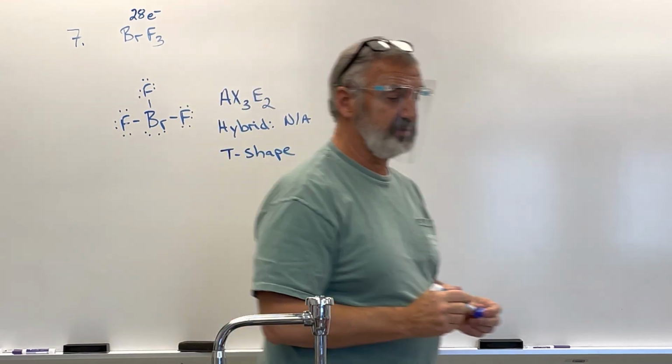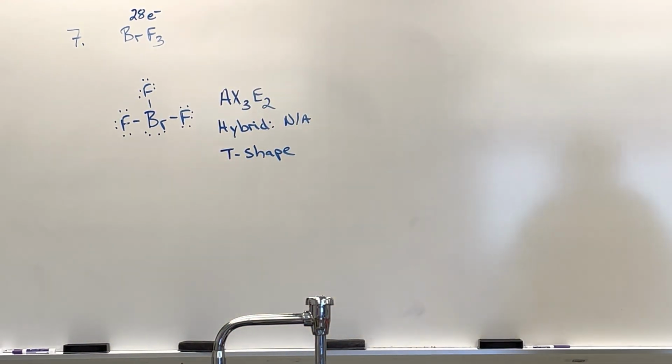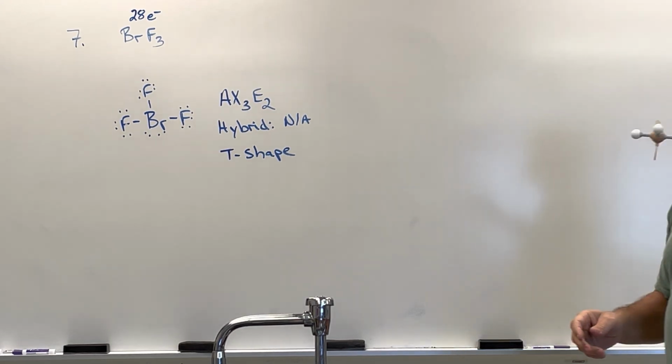T-shaped. I don't think I have one of those built. Gotta find the right one. Oh, here it is, right here. I do have one. This is what it would look like being T-shaped.